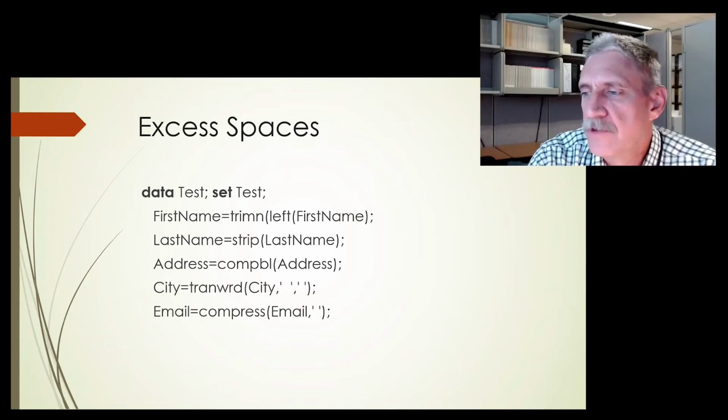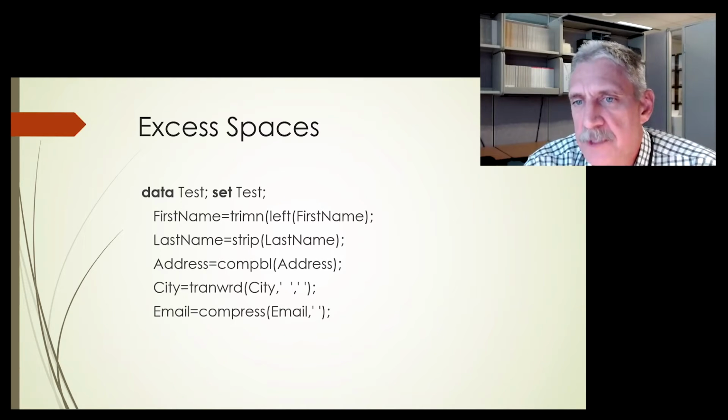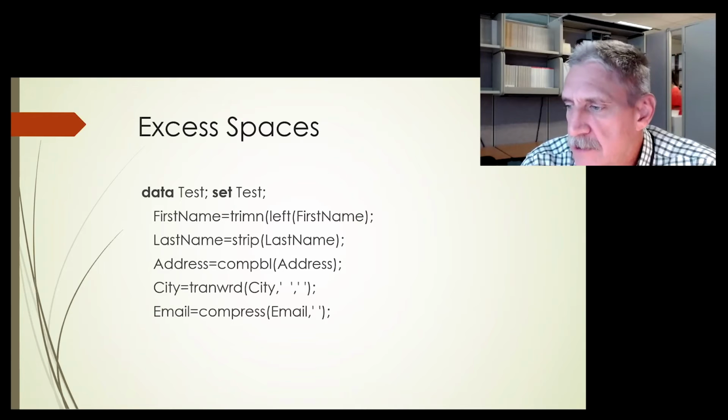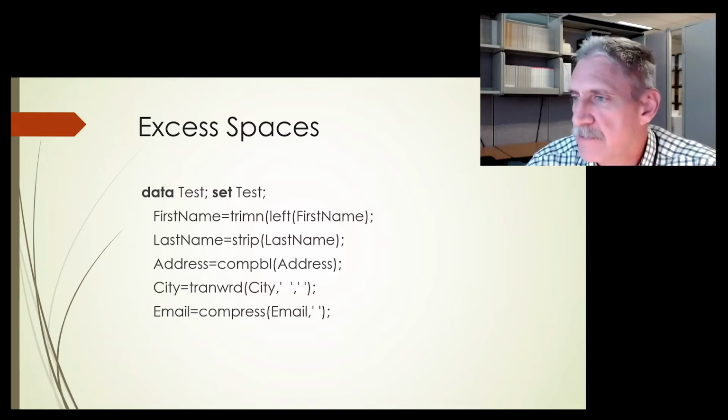That works if you know that there can never be more than 2 spaces, because if it finds 4 spaces, it's going to replace it with 2 single spaces, so you're still going to have an error. If you think you could have multiple spaces in a row, the comp BL is better to use. For email, like I mentioned earlier, spaces are almost always wrong, so just go ahead and get rid of them there too.